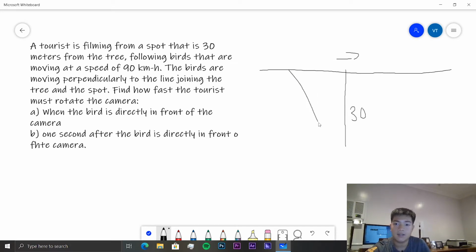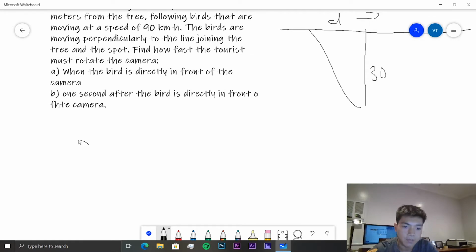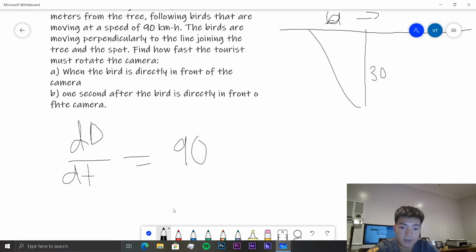If we sketch out a diagram, we know this is 30 and this is some distance d. We know the rate of change of this distance with respect to time. Horrible variable name, I'll do capital D, dD over dt, is the speed of the birds. It's 90 kilometers an hour.